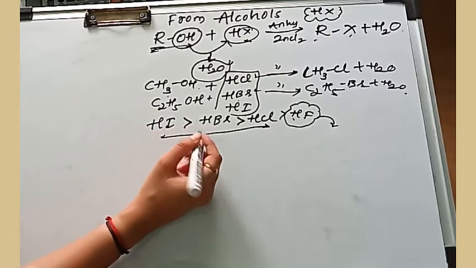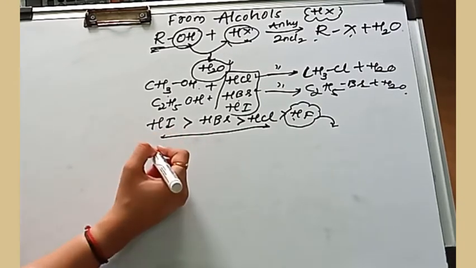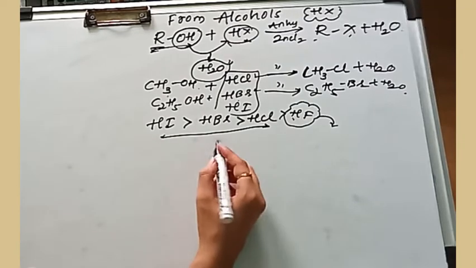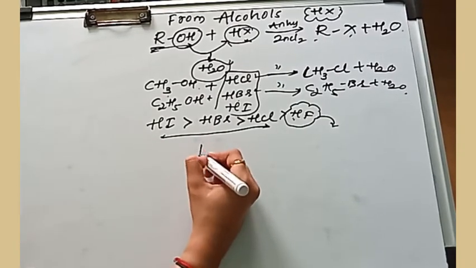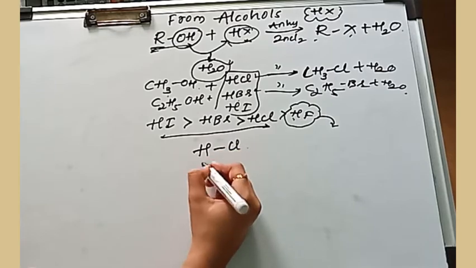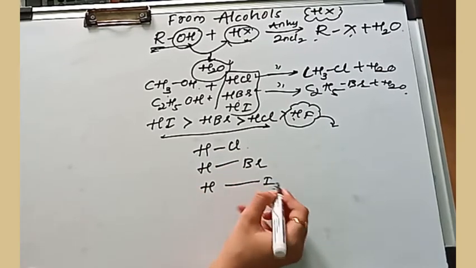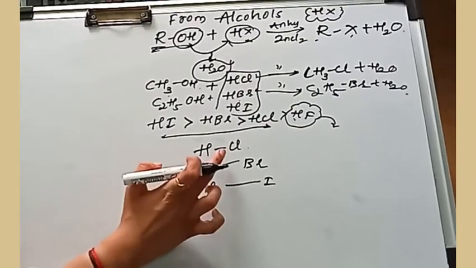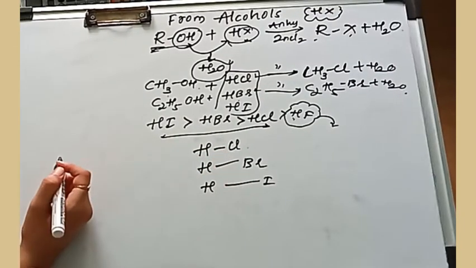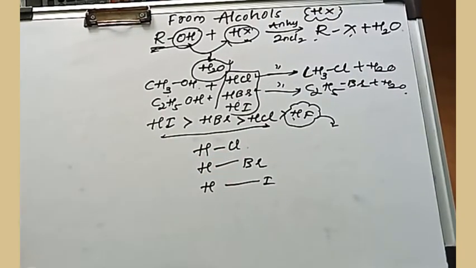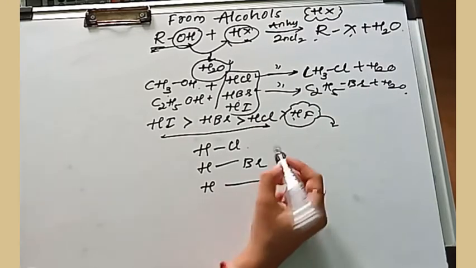Why HI is more reactive than HBr, which is more reactive than HCl? The simplest way to remember this is, when you see HCl, then HBr and then HI, going down the group, you know that the size of the elements will be increasing.